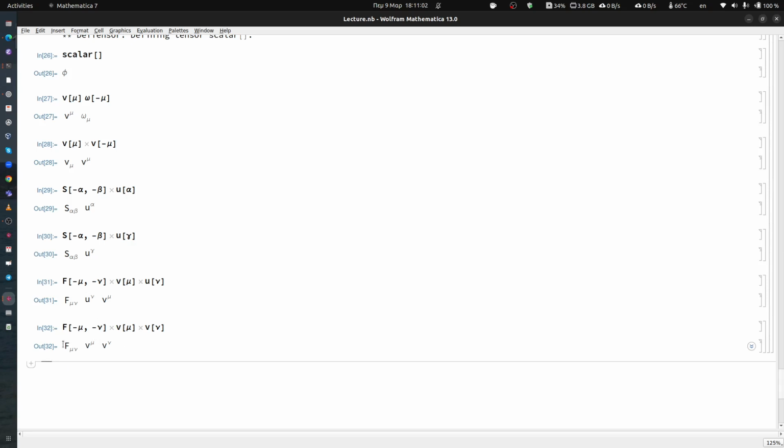Now this expression, we know that it is equal to 0 because it is anti-symmetric with respect to the exchange of mu and nu, but it is symmetric with respect to the exchange of mu and nu in this product. But we don't see that.